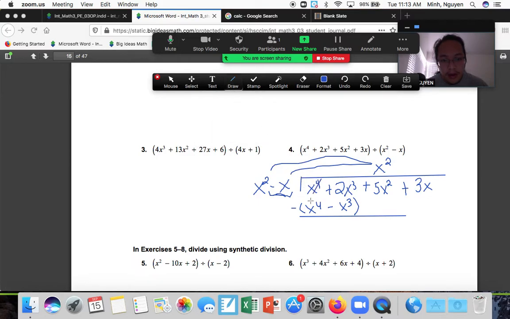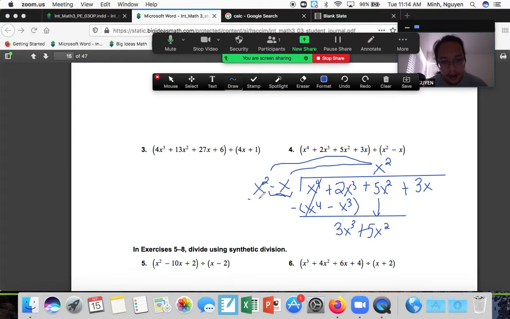X to the 4th minus x to the 4th. 2x cubed minus negative x cubed is 3x cubed. 2 minus negative 1. Go ahead and bring that term down. Positive 5x squared. 3x cubed divided by x squared.